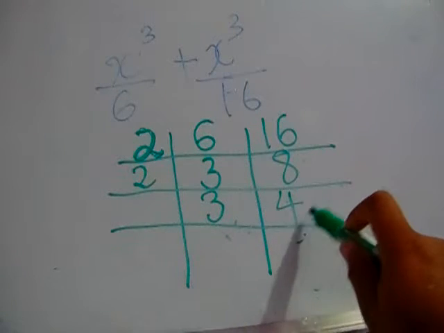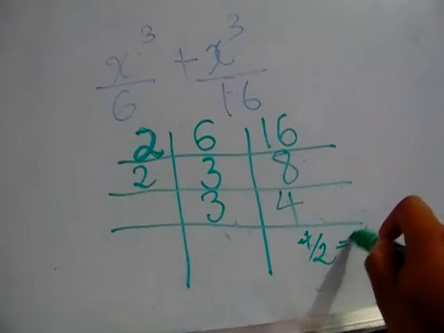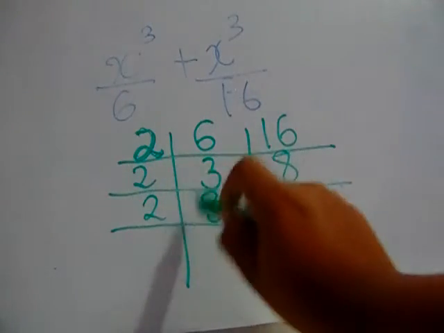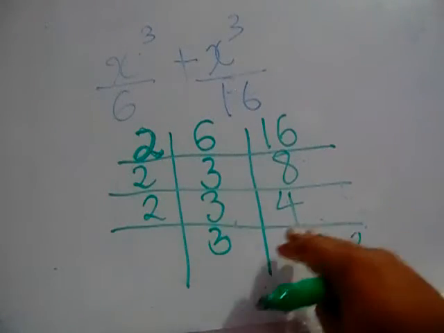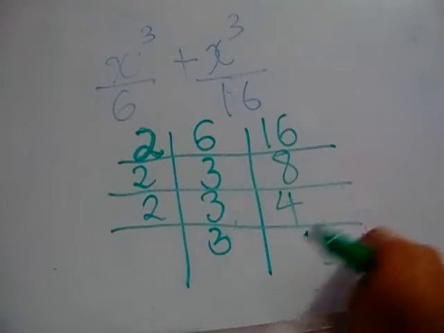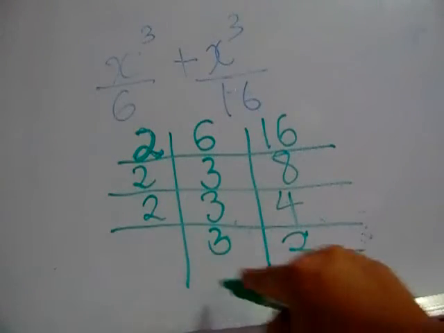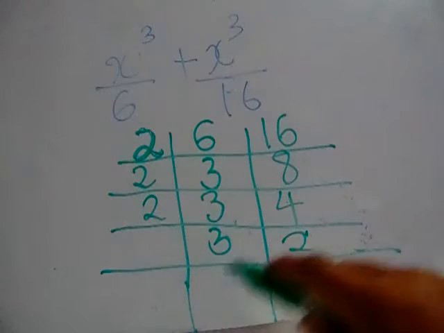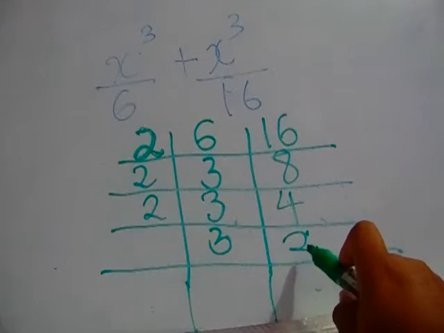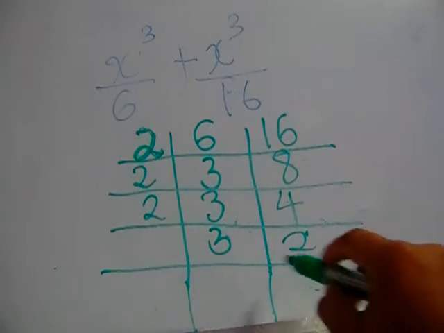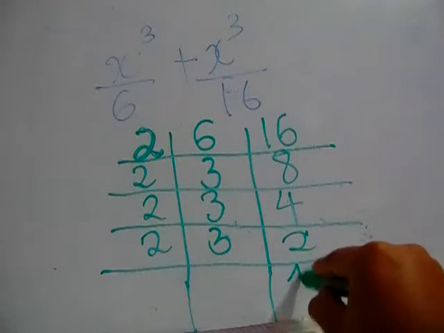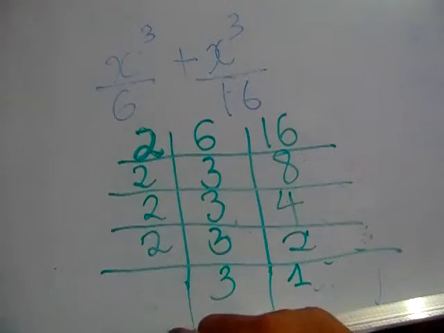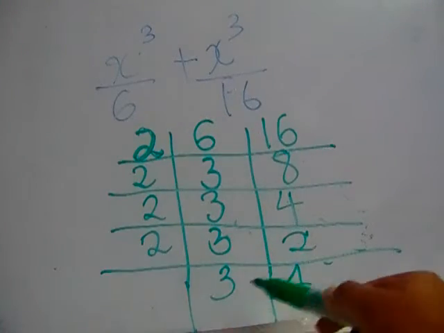Because if we say 4 divided by 2, we'll be left with 2. Here it won't work again, so I'll bring down 3, and here I'll be left with 2. Again, 2 can go, because if I say 2 divided by 2, I'll have 1, so I'll have 2 here, 1, 3.